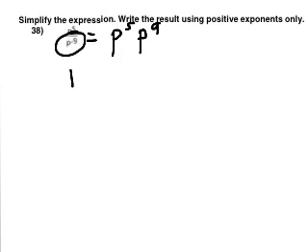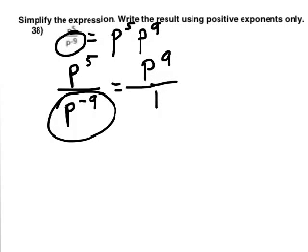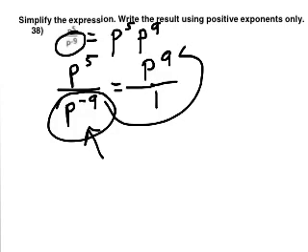But for those of you that doesn't make sense to, let me do it this way. P to the negative 9th. Okay, so this becomes, that equals 1 over, no, it doesn't equal 1 over, it equals p to the 9th over 1. That's the reciprocal of that, only it's got a positive power now, see?